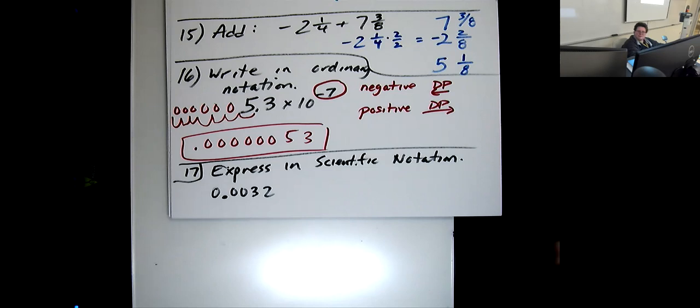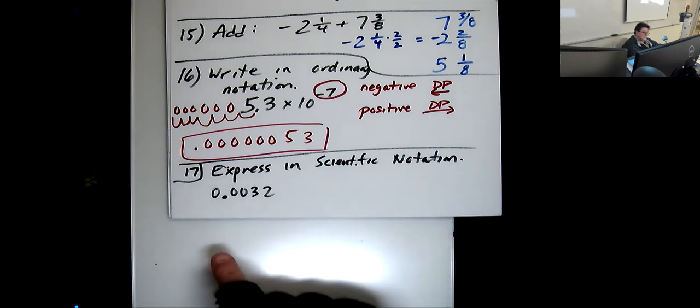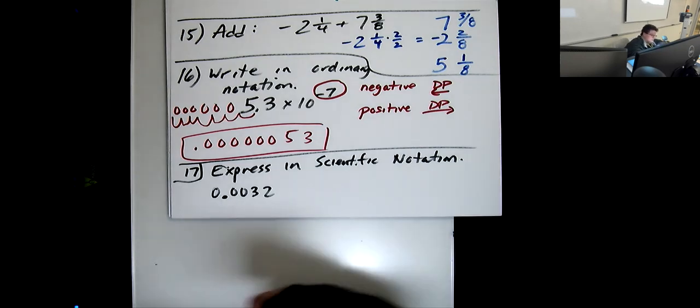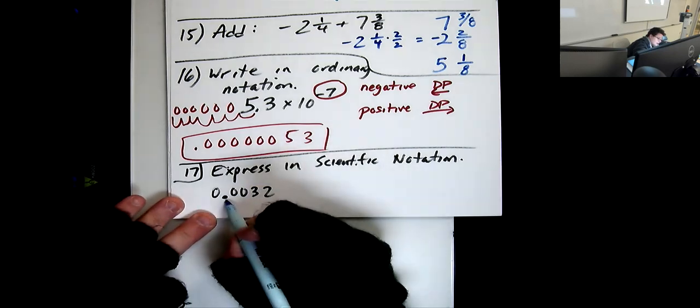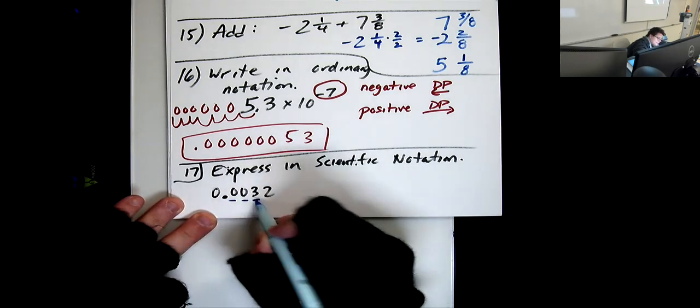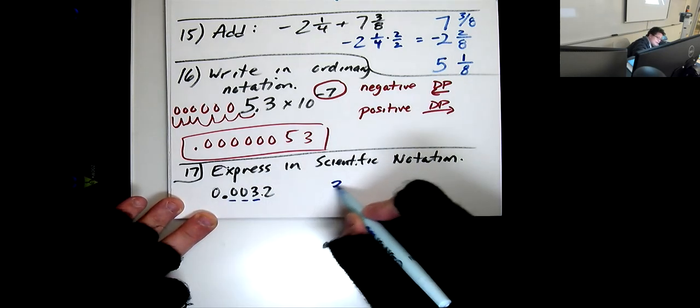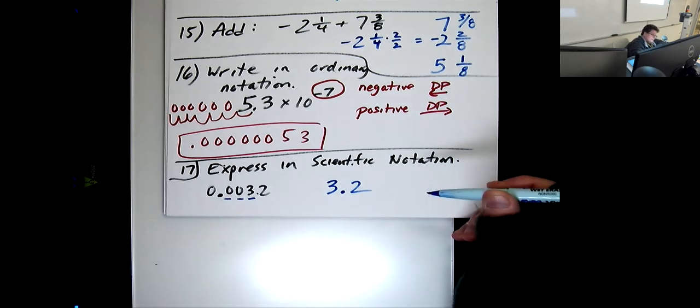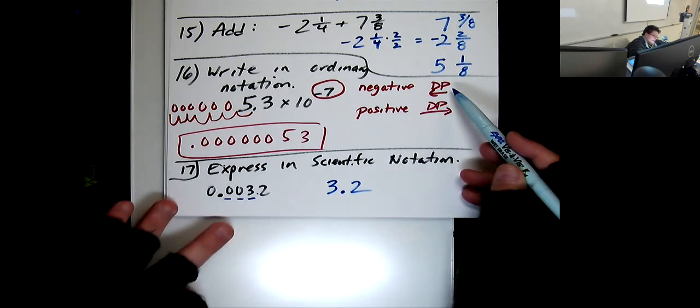All right, so if we want to express it in scientific notation, we have to make it so that there is only one number in front of the decimal place. I'm going to count how many places I had to move over to make it happen. I had to move over 3 to get to there. This goes the other way.